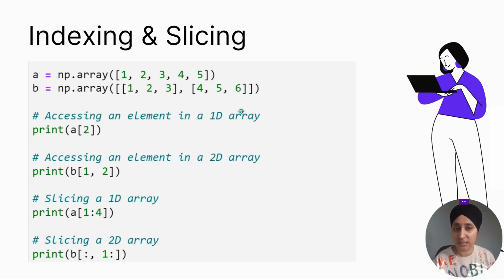This is going to return a submatrix or subarray that is a two-dimensional array that contains two rows, two columns. Here the first row contains 2, 3 and the second row contains 5 and 6. I hope you are getting everything.